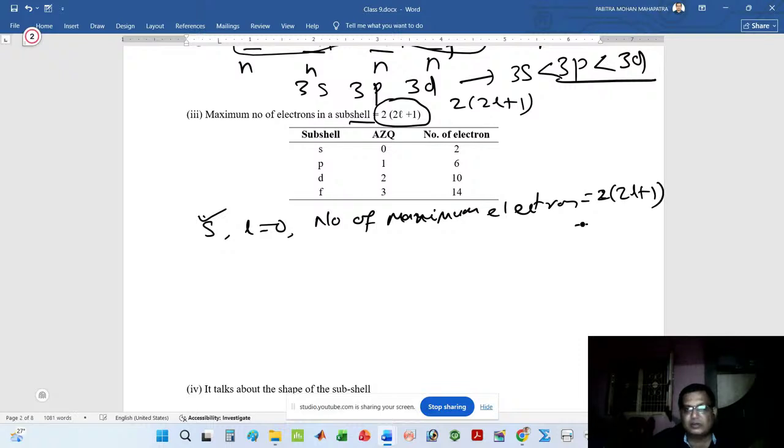Here we can write 2 into (2 into 0 plus 1), that is 2 into 1, that is 2. So the number of electrons is 2.